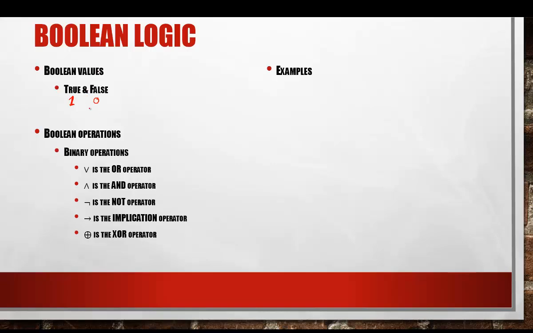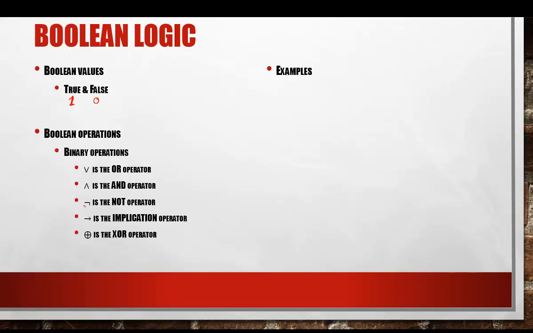We use Boolean operations or Boolean operators to manipulate the logical values of multiple statements. In the majority of this course, we basically rely on these 5 Boolean combinations, although these are not the only ones.